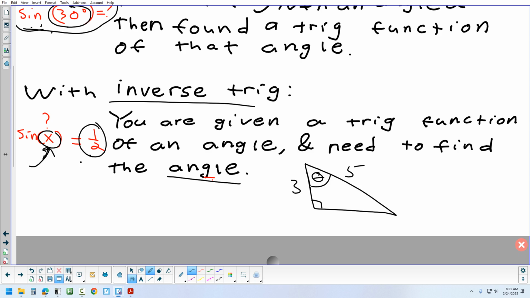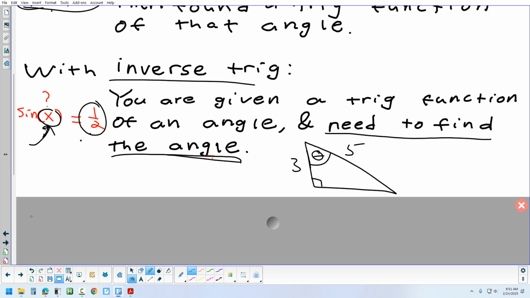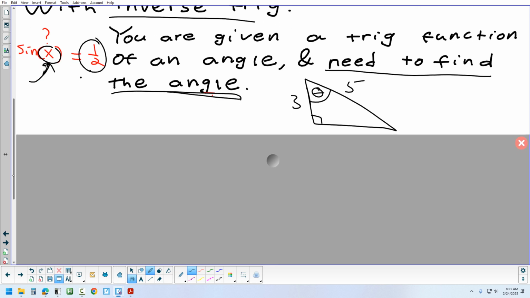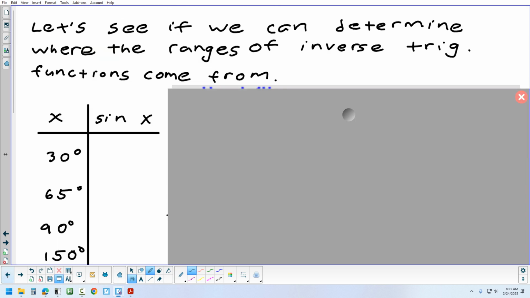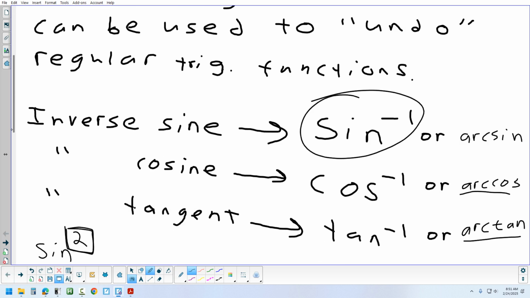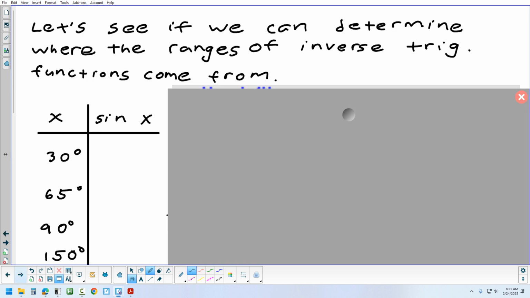Inverse trig is used any time that you need to find the angle. So that's eventually what we're going to do with it. Any question on that? Okay, so now let's go back and let's fill out this chart and see what happens.